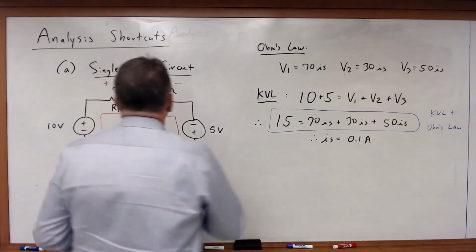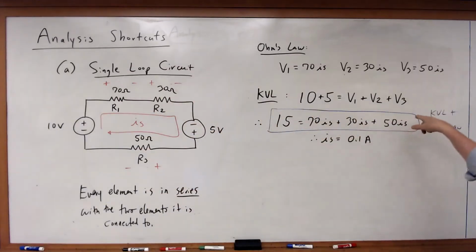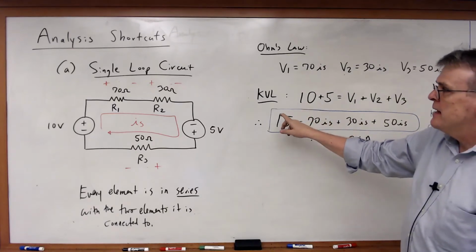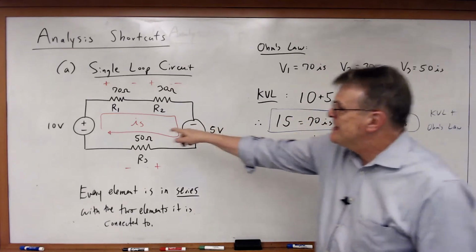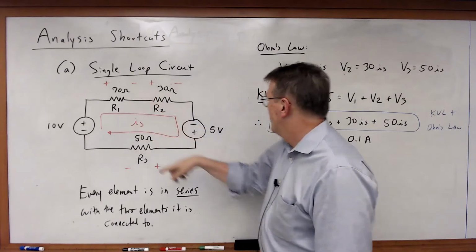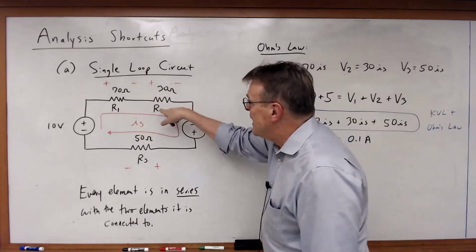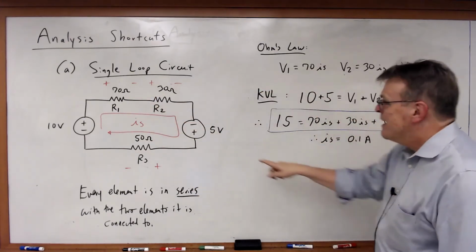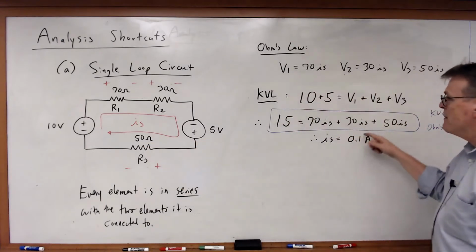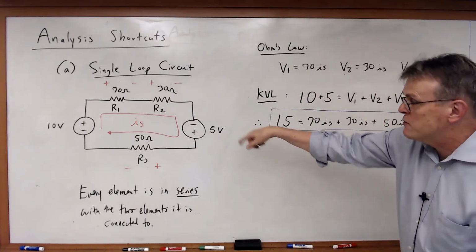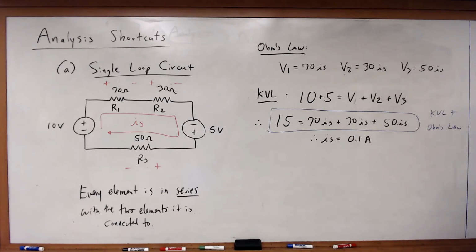So in this case, just from here, I could have just written this right off the bat. I could have said 10 is equal to 70 IS plus 30 IS plus 50 IS for the drops, and then add 5 for the additional rise, and there'd be my answer.